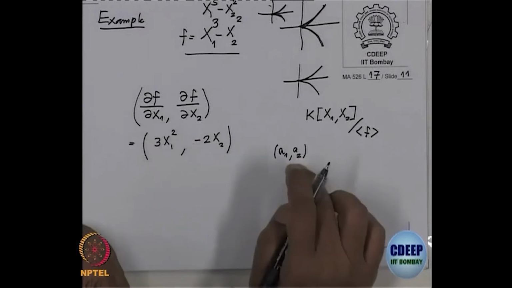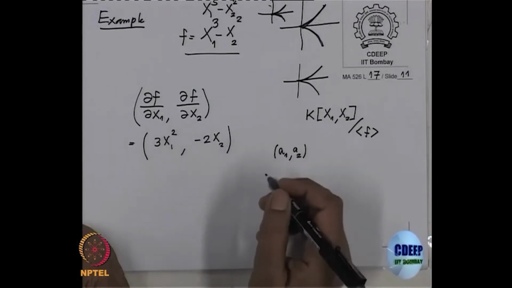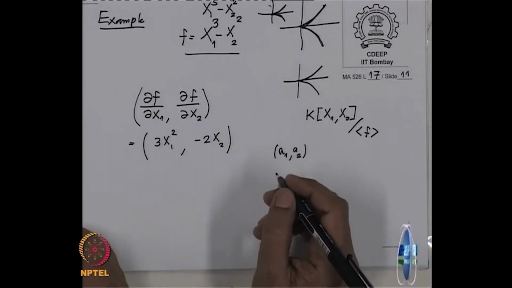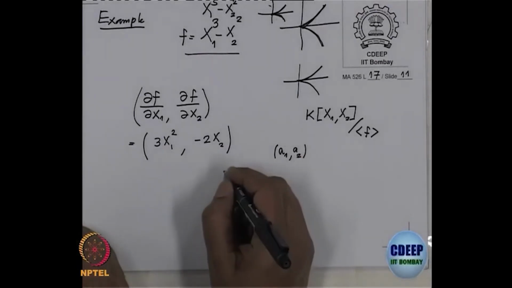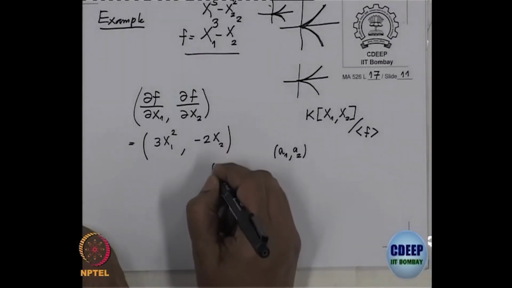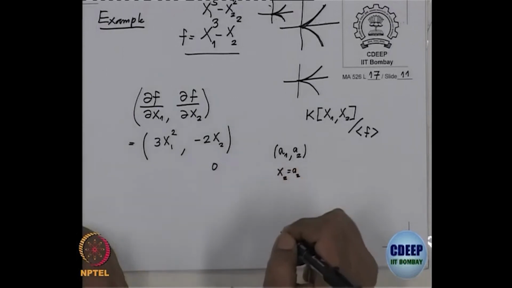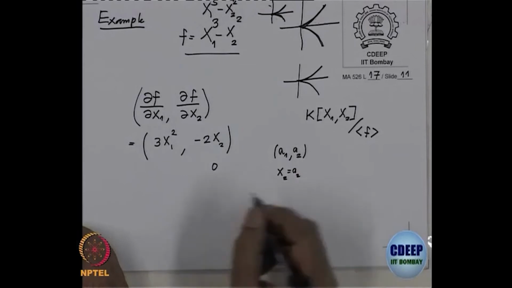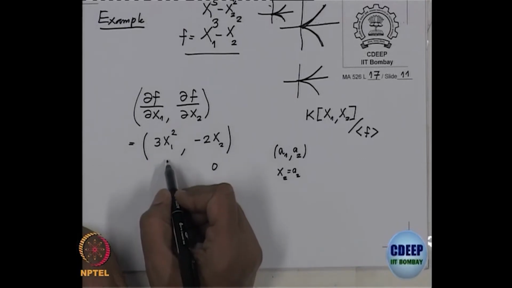So at this point, a2, when the rank is 0, then this coordinate is 0, means x2 is a2, and this one, if it is 0, then x1 is also 0, right?